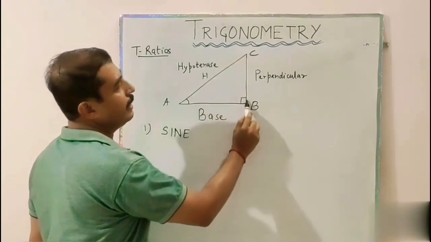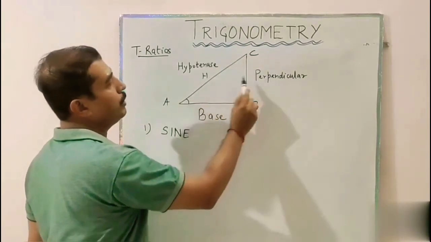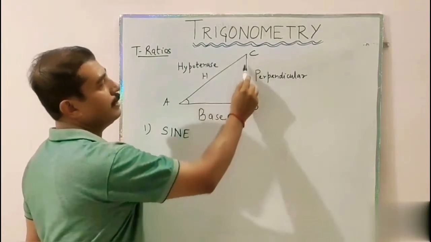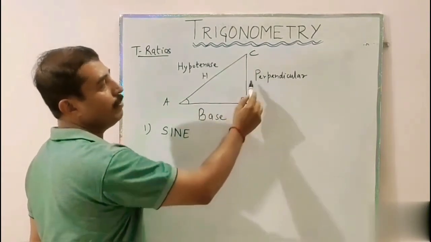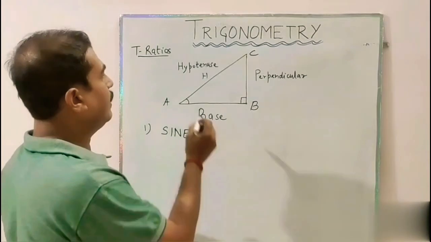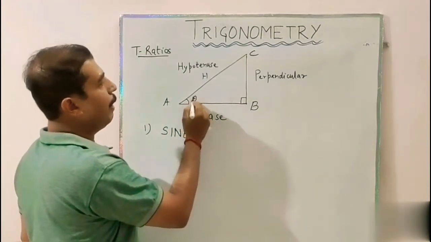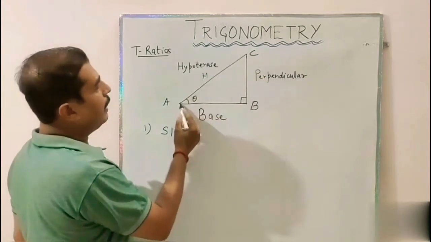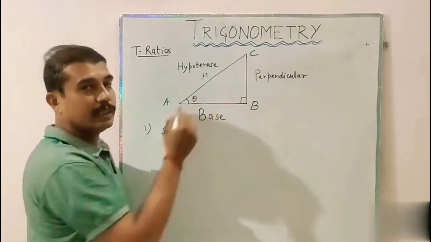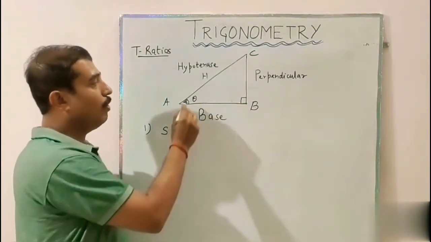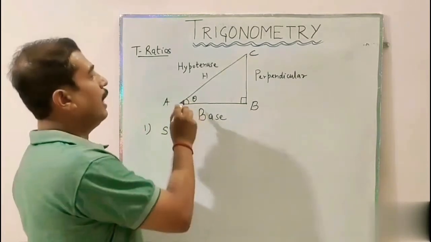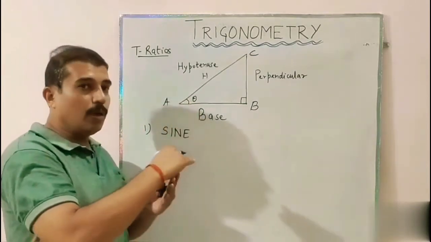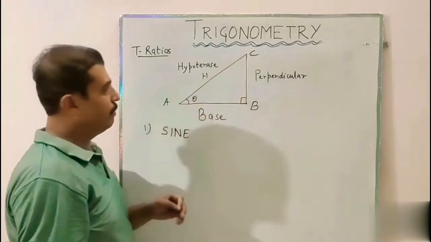This is the 90-degree angle, and opposite to angle A is the side that is perpendicular. We call it the opposite side. The side that is along with this angle is base. We always take this angle from the horizontal position.